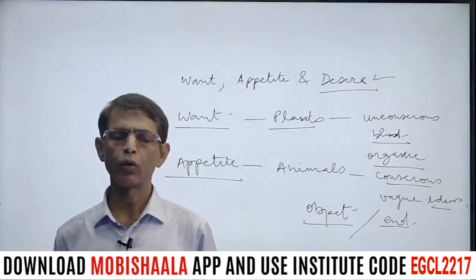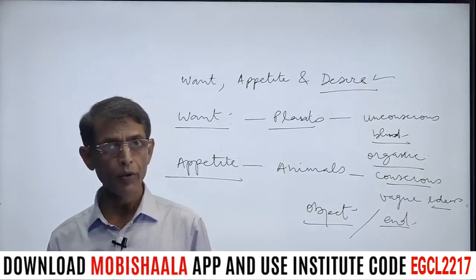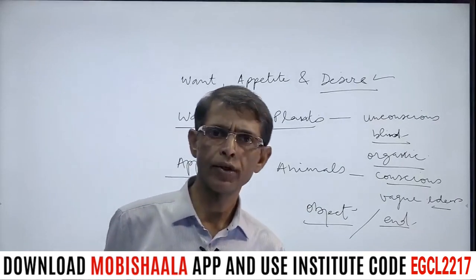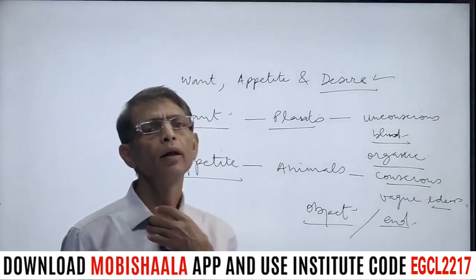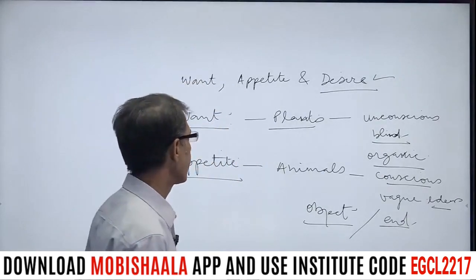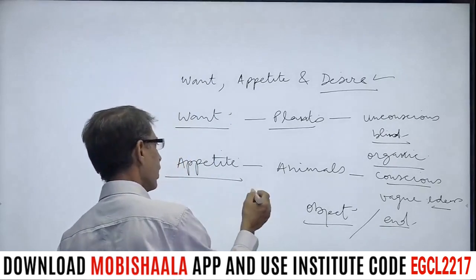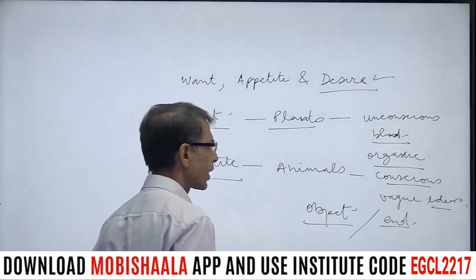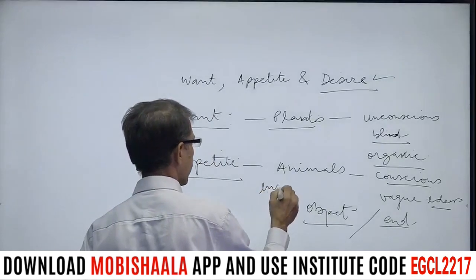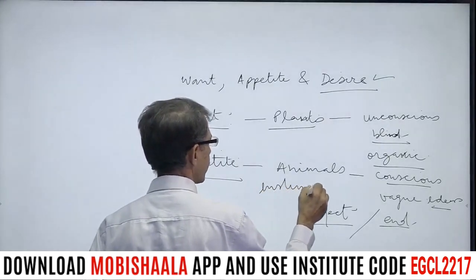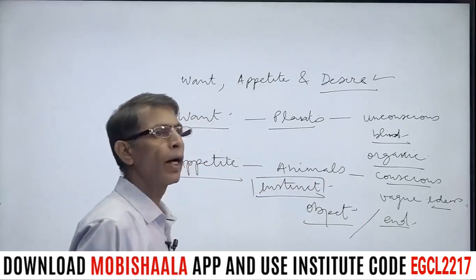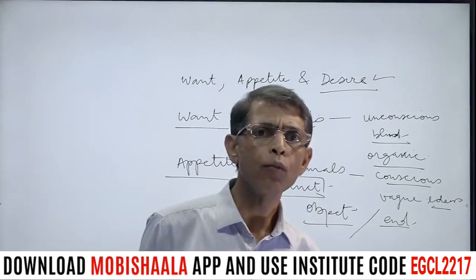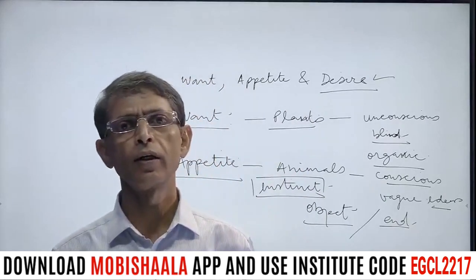And that's why they live their life successfully. Of course their life is based on instincts, so life is driven by instincts, and this instinct fulfills their appetites. So appetites are fulfilled through instincts. Their actions are instinctual, and we are not going to discuss what is instinct, but still instincts are more powerful than rationality.